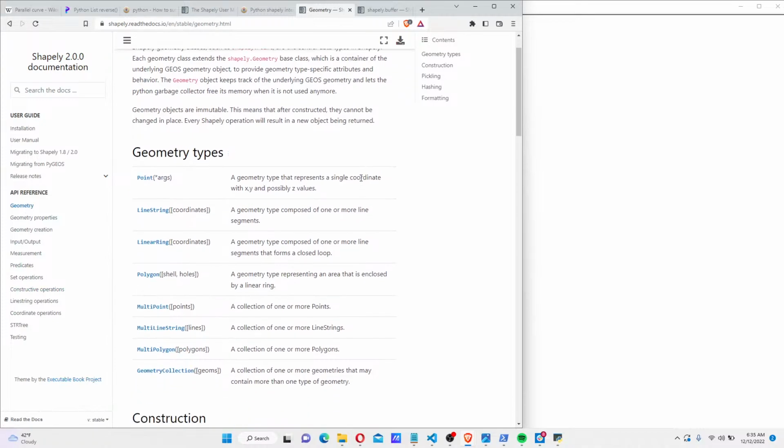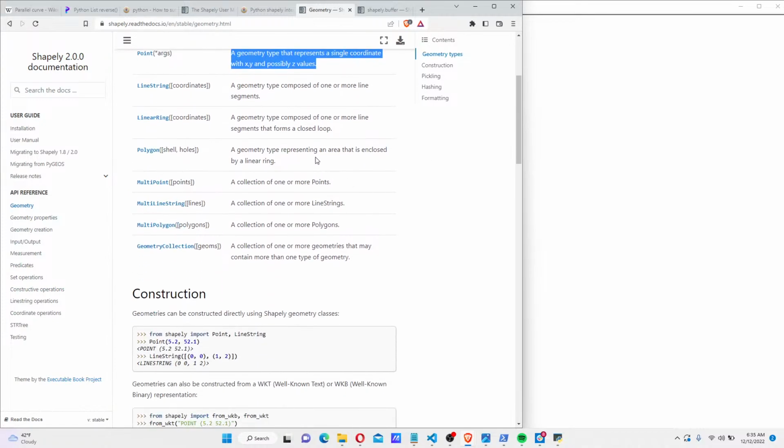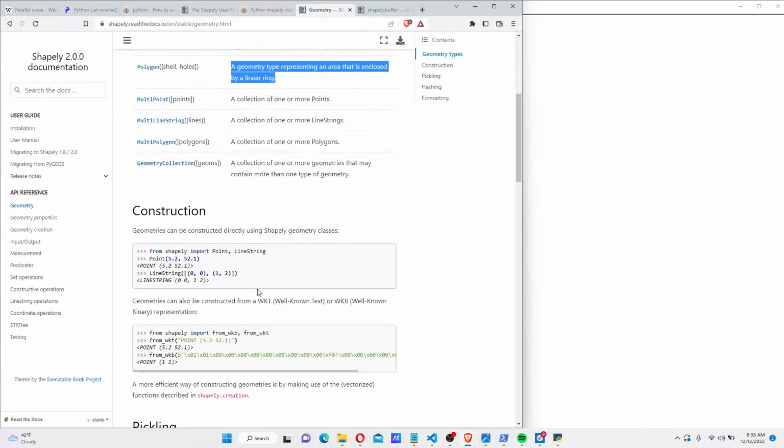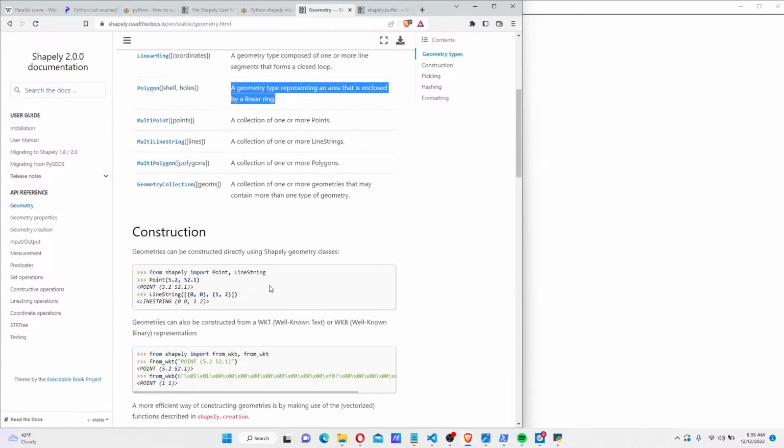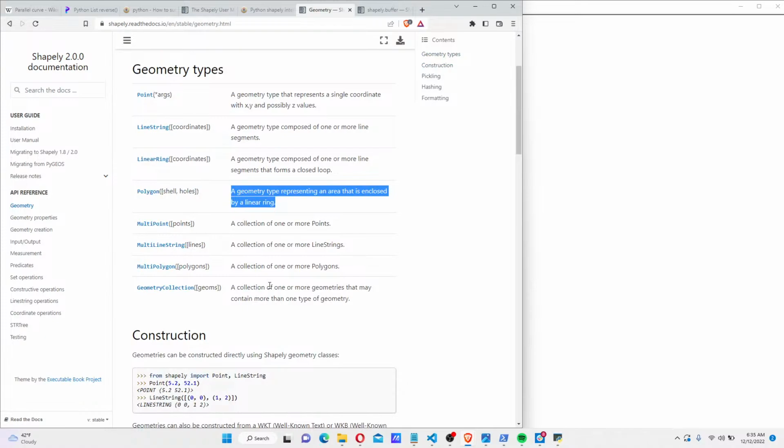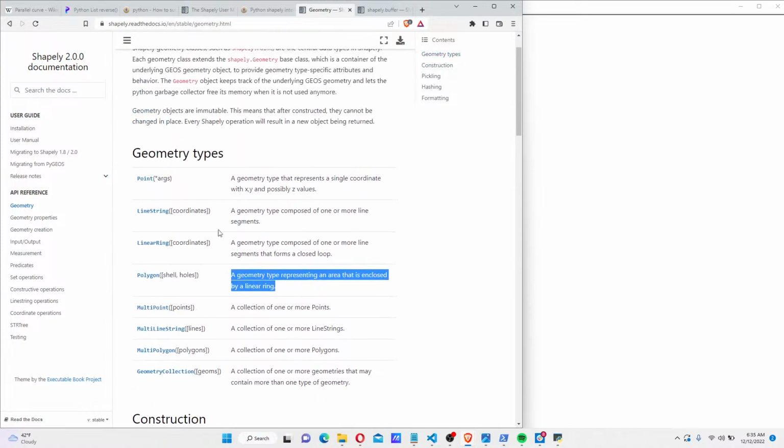Geometry. So I guess I want to look at some examples for this.